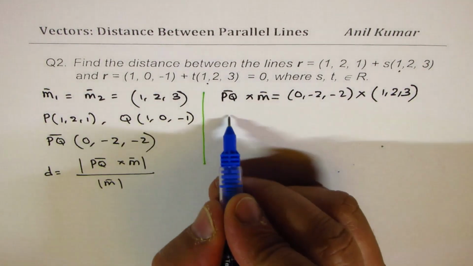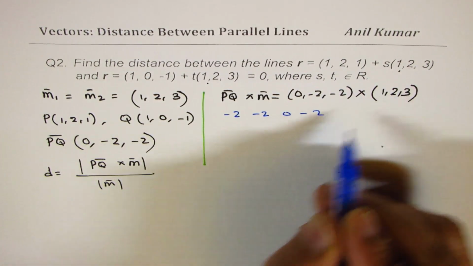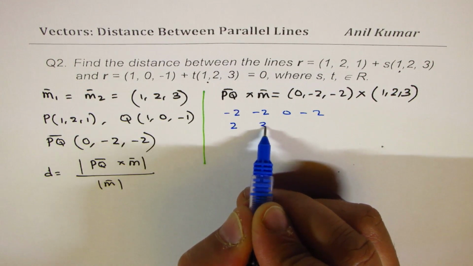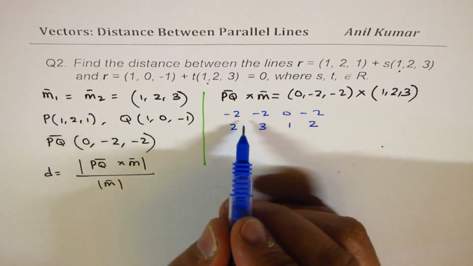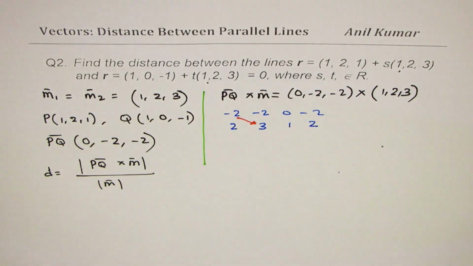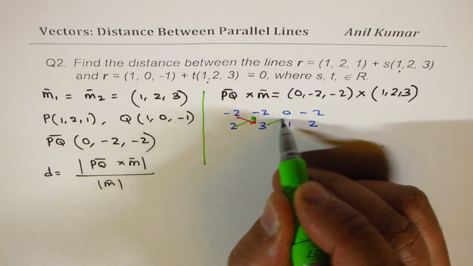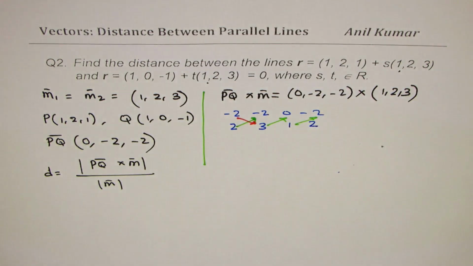You need to add these products and take away the others, correct?